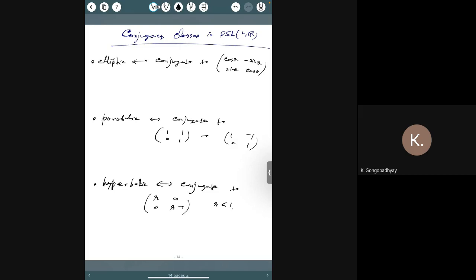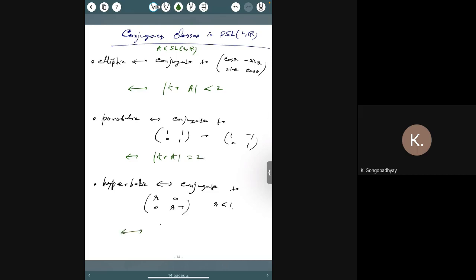Now think in terms of matrices. These matrices have a unique conjugacy invariant, which is the trace. Take A in SL2R. A induces an elliptic isometry if and only if the absolute value of the trace of A is less than 2. In case of parabolic, the absolute value of the trace of A is always equal to 2.